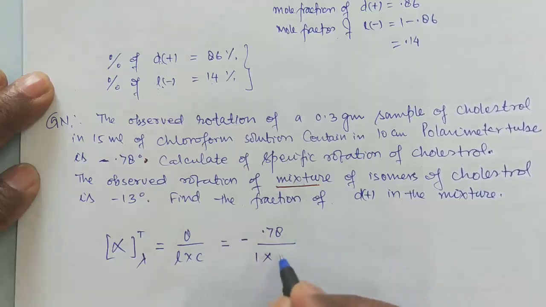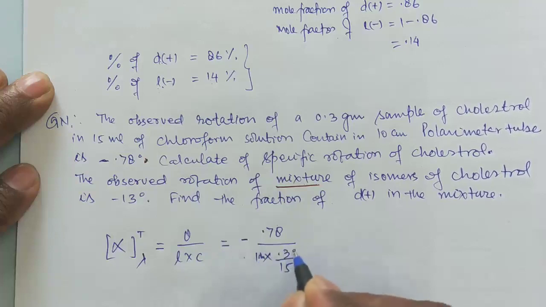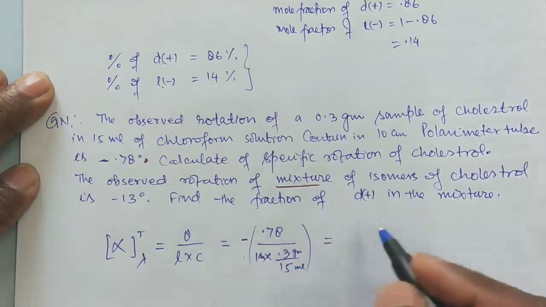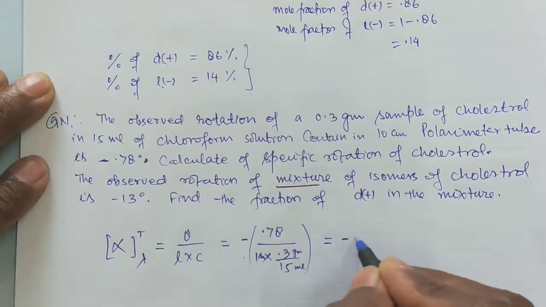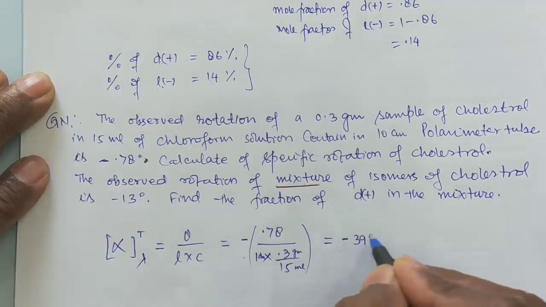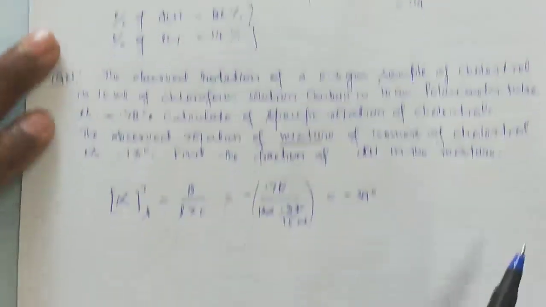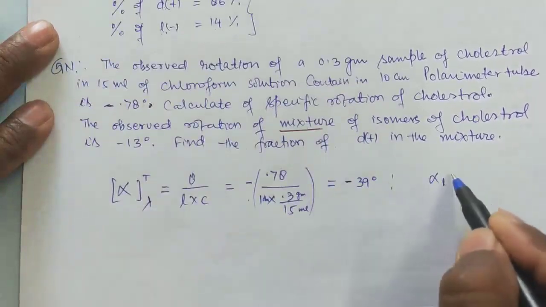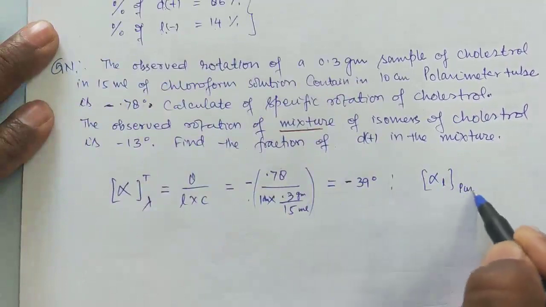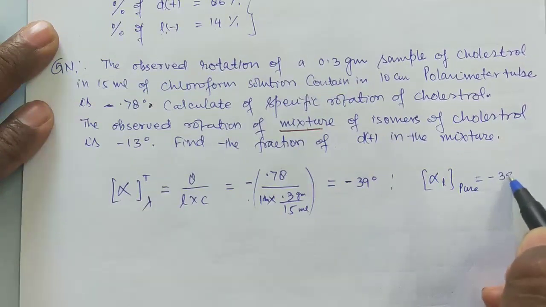So 0.3 by 15. This is in decimeter, dm, and this is grams per ml, right? So if you solve this, you will get minus 39 degree. Which isomer gives this pure rotation? This is alpha L pure, equal to minus 39 degree.